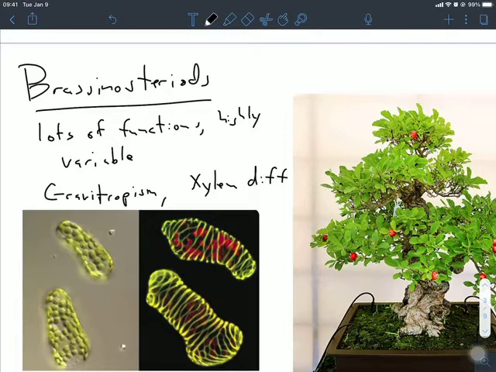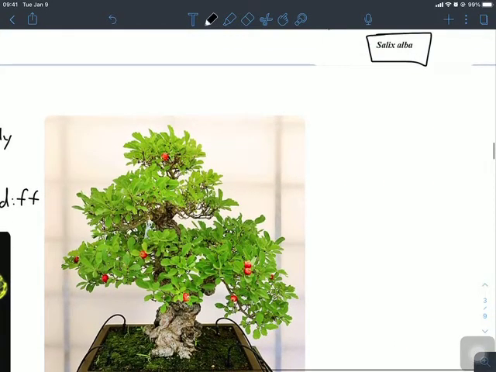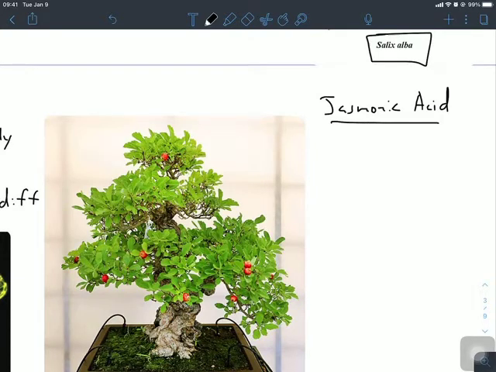Now next up, we've got one of my personal favorite hormones, jasmonic acid. Also called jasmonate. It is a linoleic acid precursor.